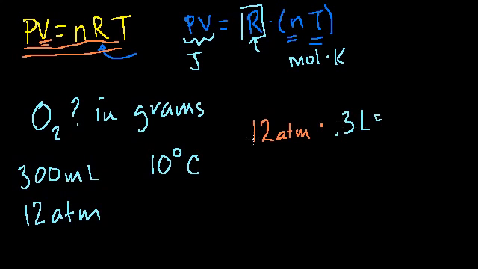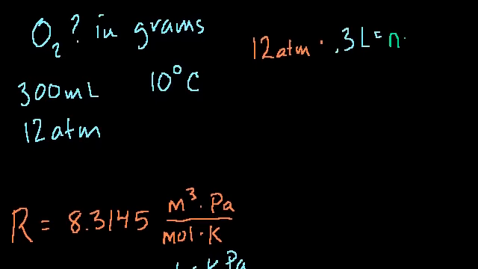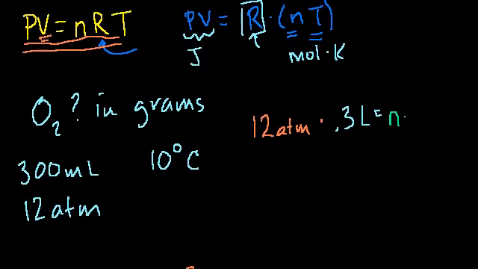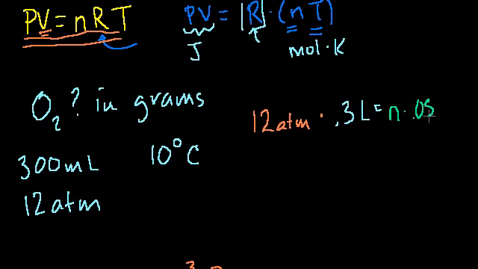And that is equal to the number of moles we have, and that's what we need to figure out. If we know the number of moles, we know the number of grams. So it's equal to N times R. Now, which R should we use? We're dealing with liters and atmospheres, so we'll use this one: liters atmospheres per mole Kelvin, 0.082. And then what's our temperature? It's 10 degrees Celsius.